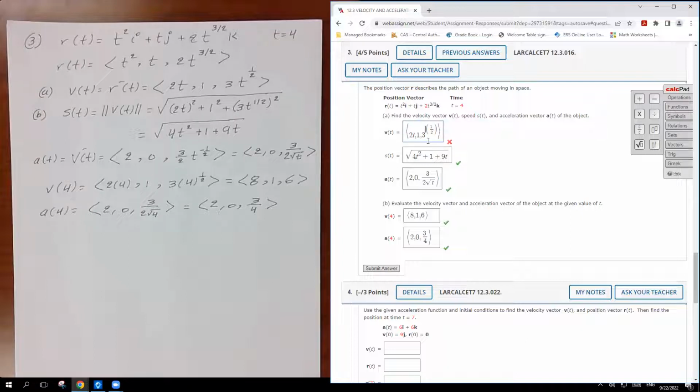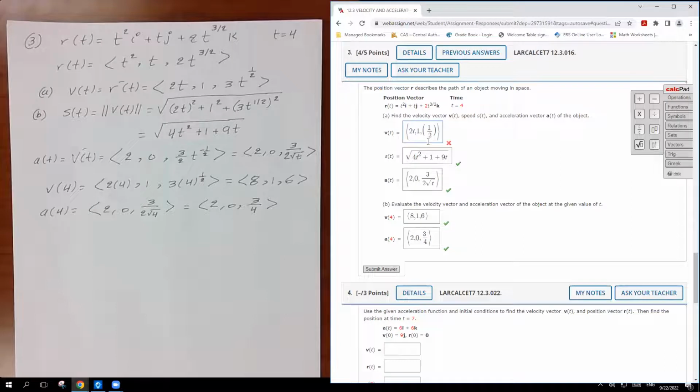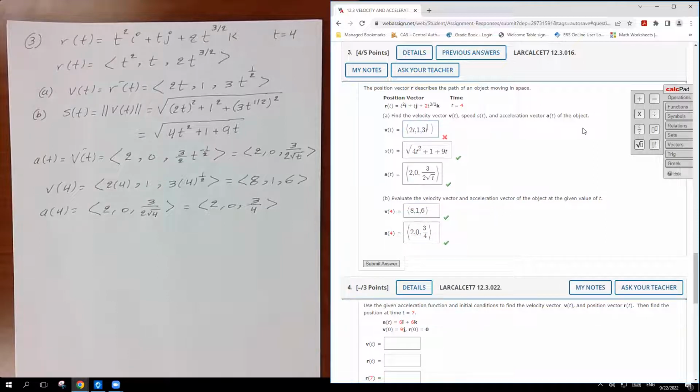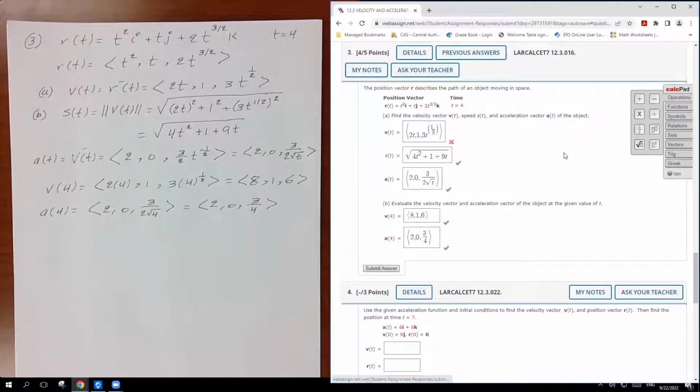Let me delete this one. So 3t to the exponent. I delete everything here. To the exponent, fraction 1/2. That's it for this one.